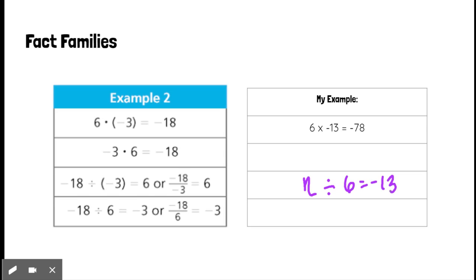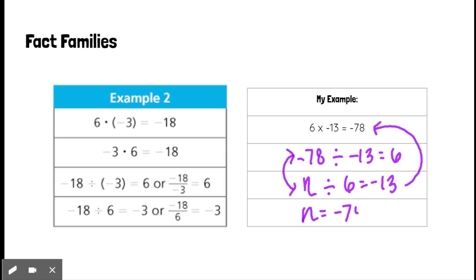In order to solve this problem, we can actually go back to this fact family here. Because if this is true, then we can also say that -78 divided by -13 equals 6. And then if we have n, some number divided by 6 equals -13, this actually is related to here. And we can see now that n equals -78.